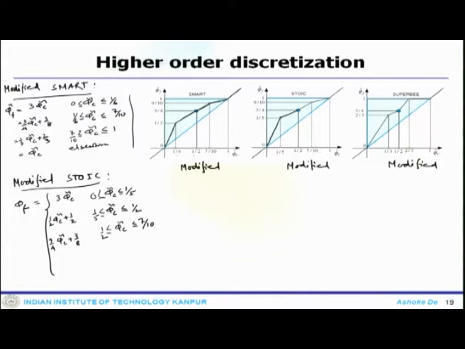So, half and 7 by 10, this is the profile, and then finally it is between 1 and 7 by 10, which is 1/3 phi c plus 2/3.